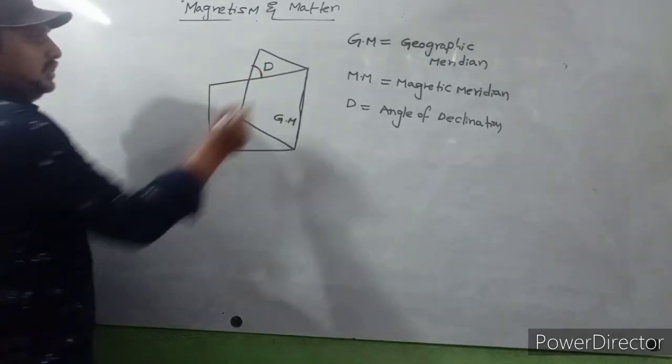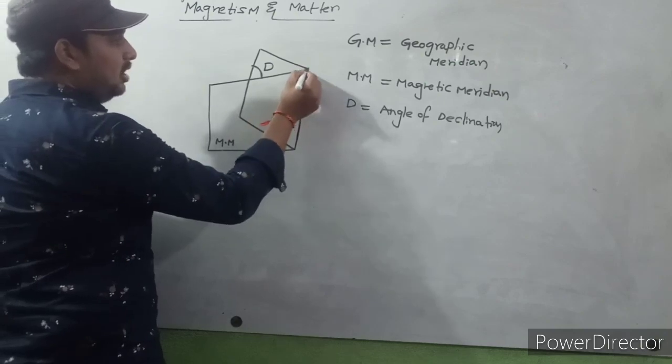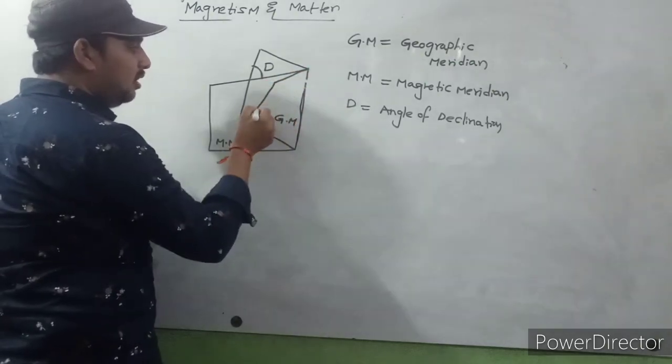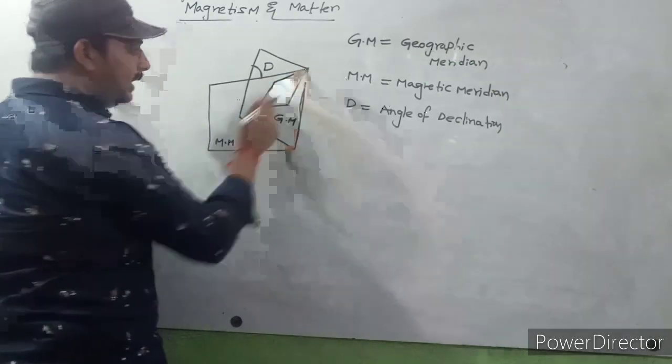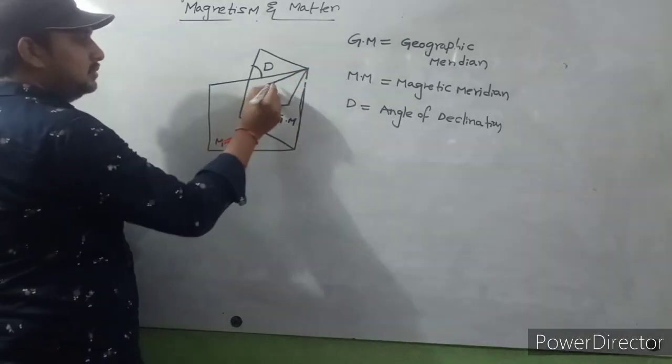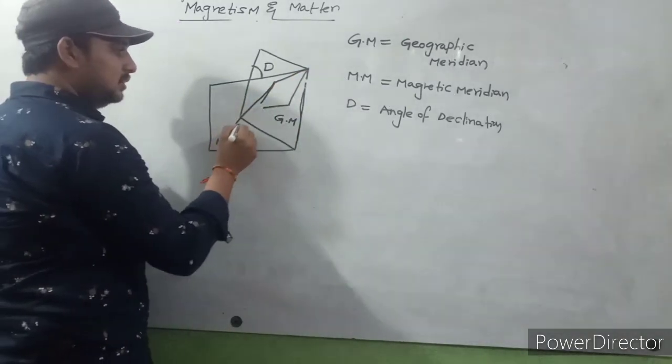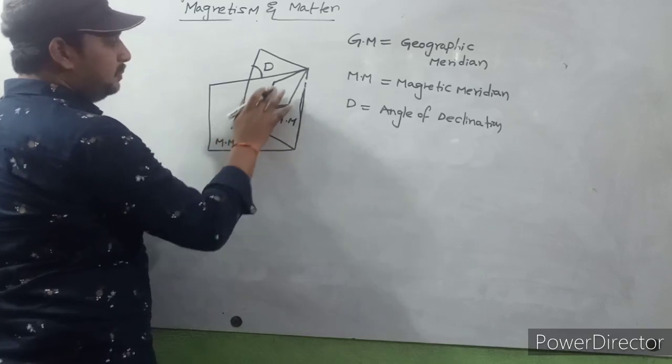And this angle of inclination, this angle of dip, lies in the magnetic meridian. This is called the angle of dip.